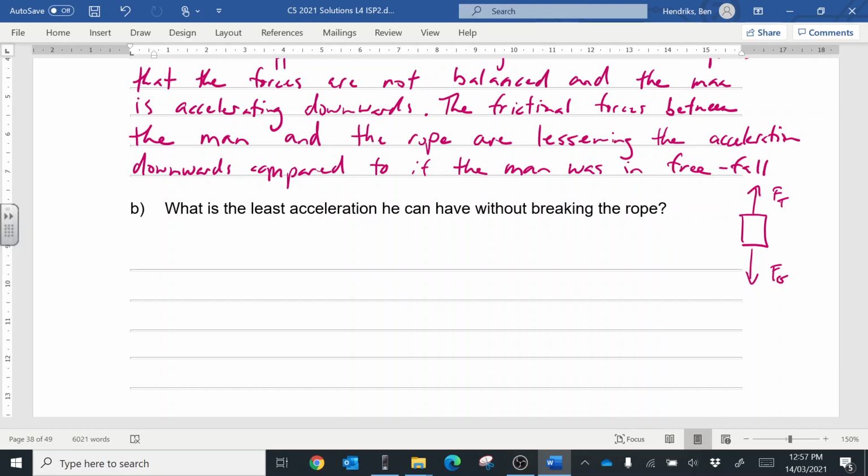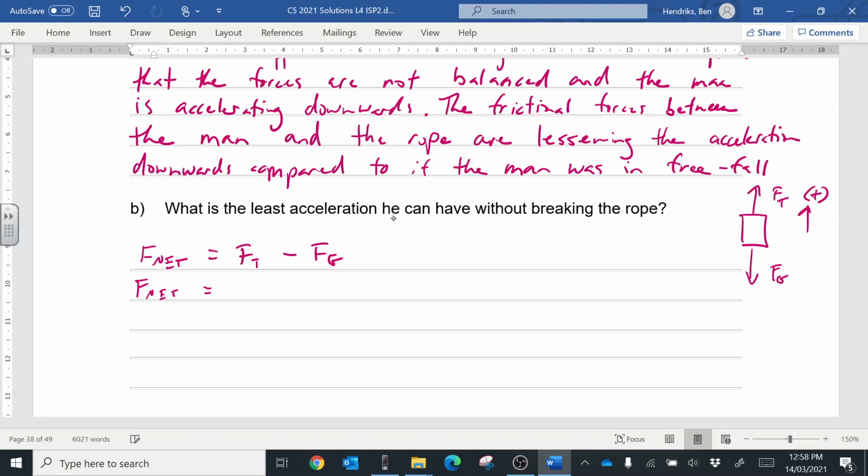For the rope not to break, we make upwards positive again, so Fnet is equal to Ft minus Fg.